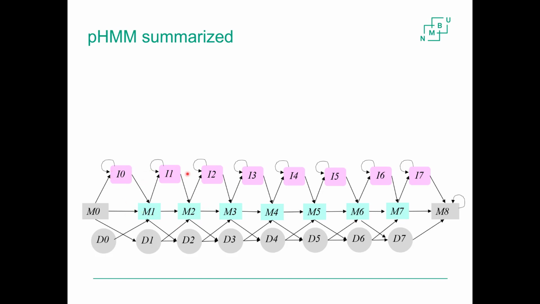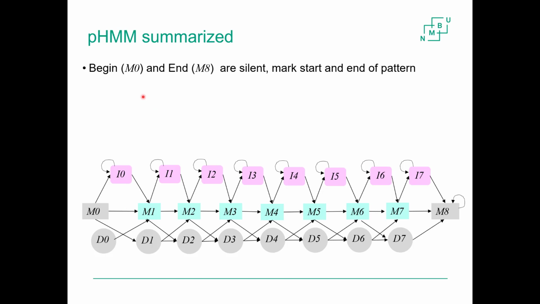And also we can add something extra in between each matching or typical symbol. And then we add also a special state here called the begin state. I call it M0 here now. And then an end state over here, M8. And these are also silent, and this just marks the start and the stop of the whole pattern, right?